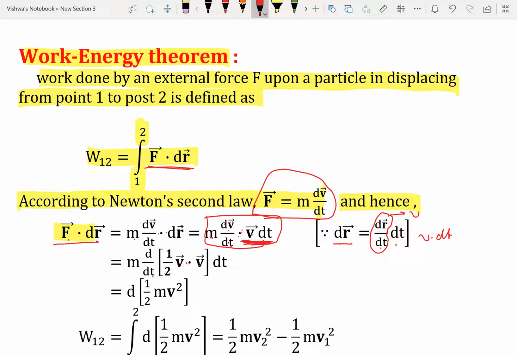This becomes d of 1 by 2 mv square. So now we get the value of F dot dr: F dot dr is d of 1 by 2 mv square, or this can be written as 1 by 2 m into d of v square.